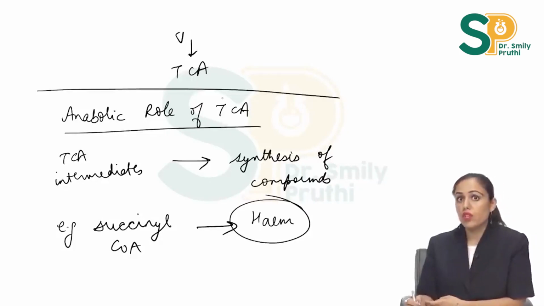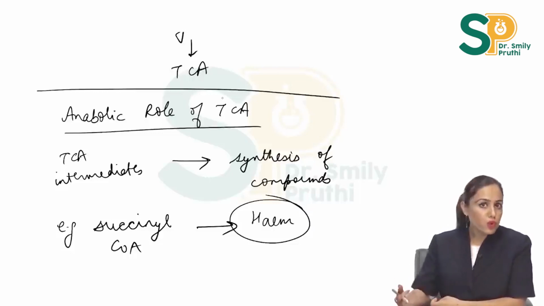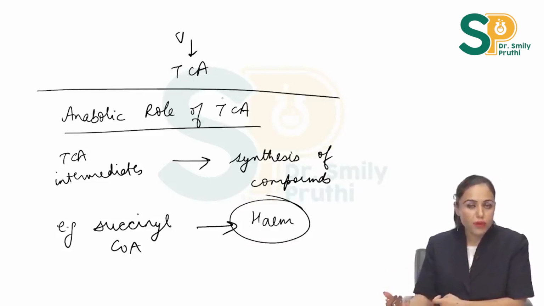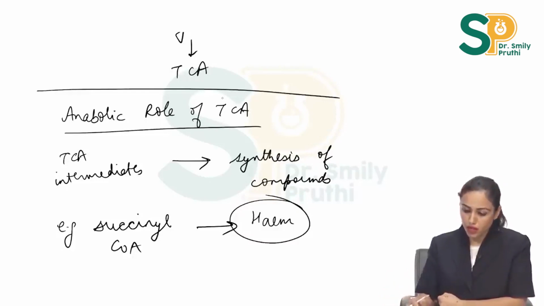If you remember, the first step of heme synthesis is succinyl-CoA plus glycine makes ALA, that is delta aminolevulinic acid. So, an intermediate of TCA cycle is used for the synthesis of an important compound in the body. Therefore, this is the anabolic role of TCA cycle.